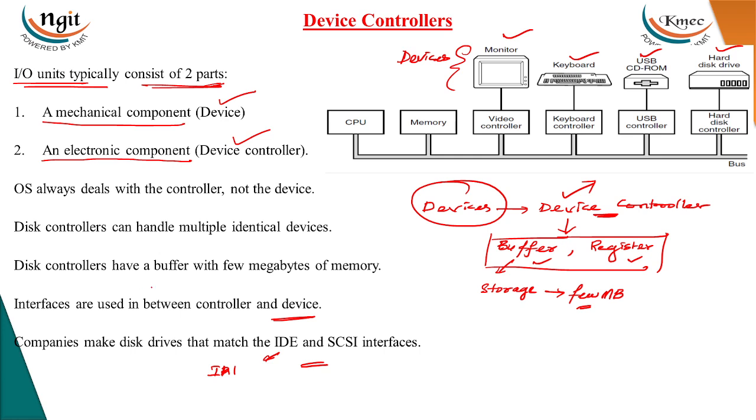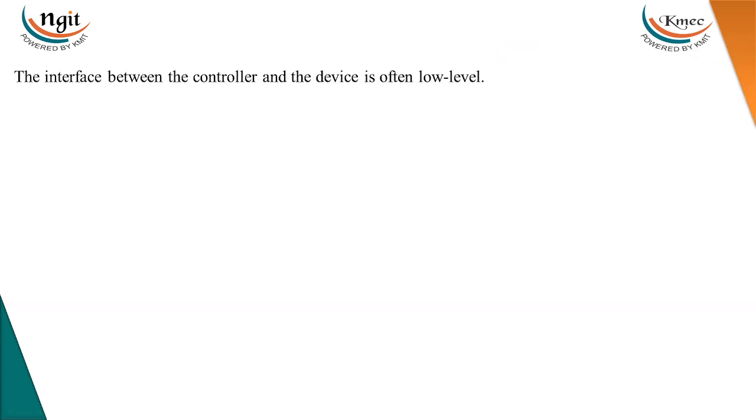Next, the interface between the controller and the device is often at a low level. What does that mean? A disk might be formatted with, say, 1024 sectors of 512 bytes per track.